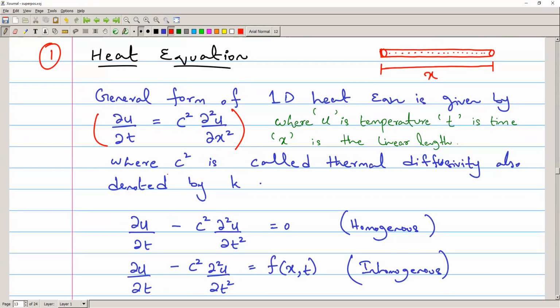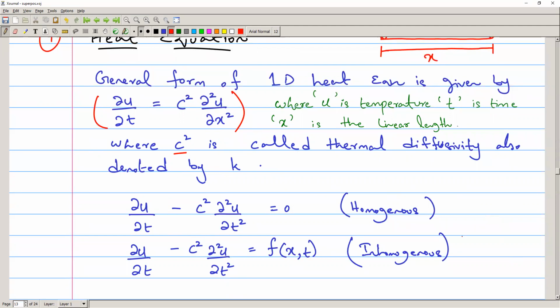So we have some constant that is c squared. It's the thermal diffusivity, and it's sometimes also denoted by T. So you may have seen somewhere an equation like this. It is basically the same thing, right? It may also be written in this form.